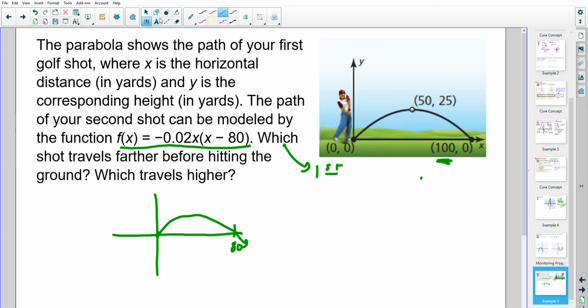Now, looking at the height is going to be this right here because that's the maximum height. It's the y-coordinate of the vertex. So I want to find what that vertex is so I can figure out what that y is. The average of 0 and 80 is 40, so I know that the x-coordinate is 40. Now, I really want to find out what is f of 40.